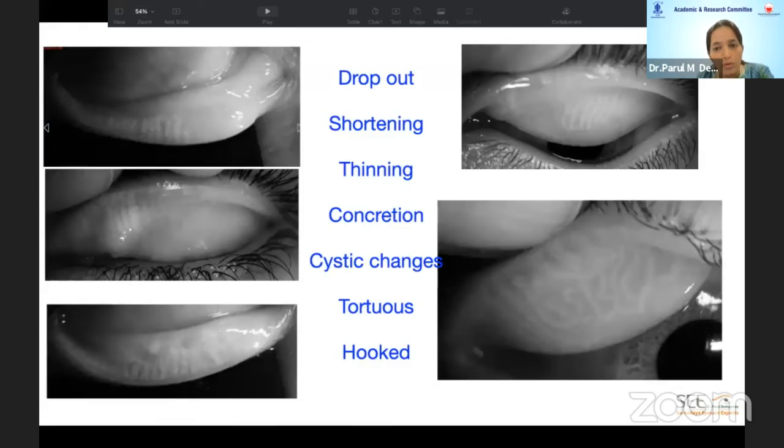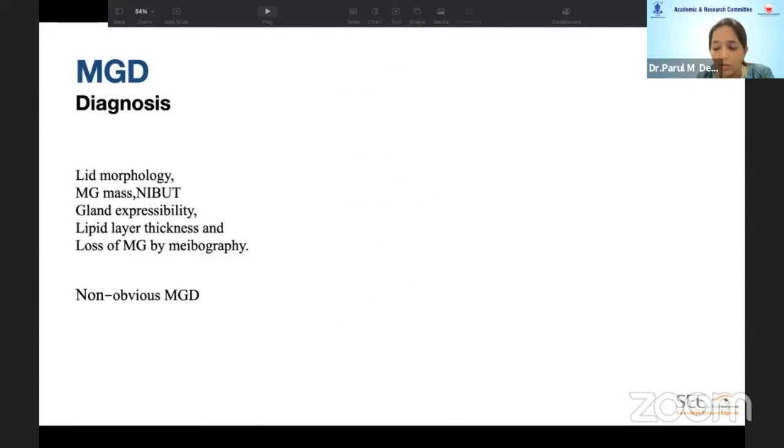Now, we do not know the significance of these morphological features, but I think a continuous evolution of this technology will help us know better about these morphologies in reference to the meibomian gland disease. So, meibography alone may not be very diagnostic in all cases.